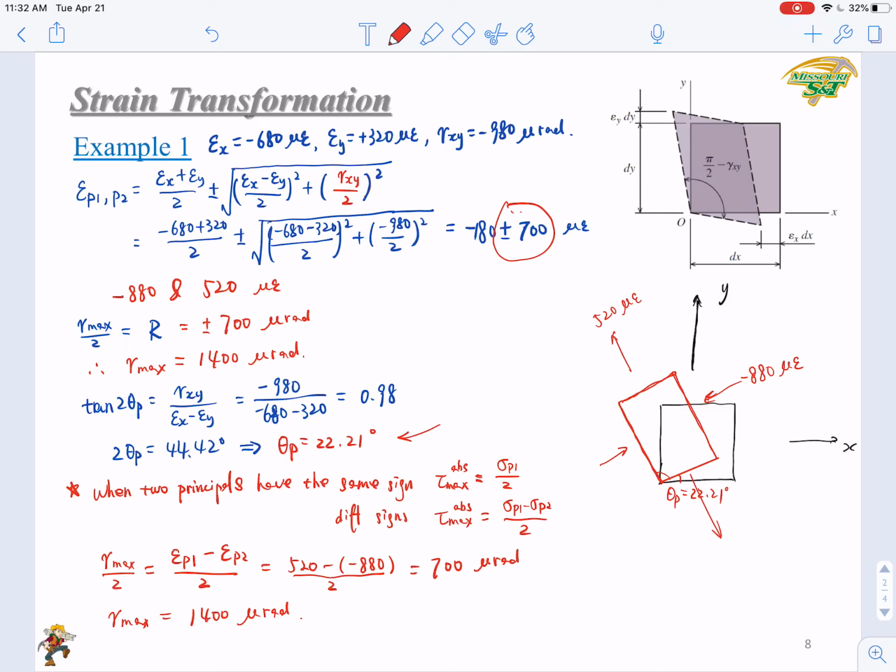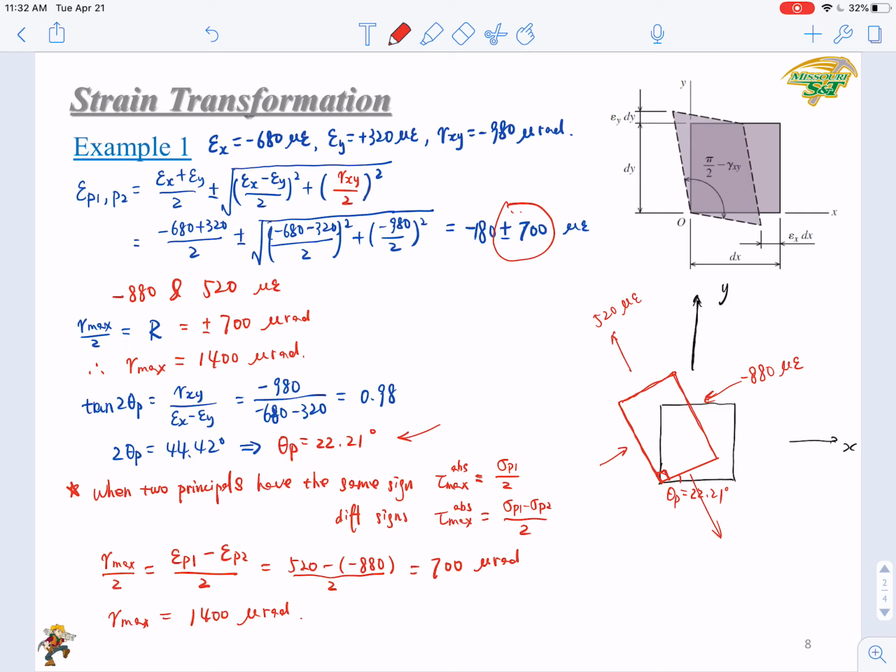So what is the angle here? The angle here will still be 90 degrees, right? Because when you have the principal strains, the shear strain is 0, so the angle will keep pi over 2. It will not be changed.